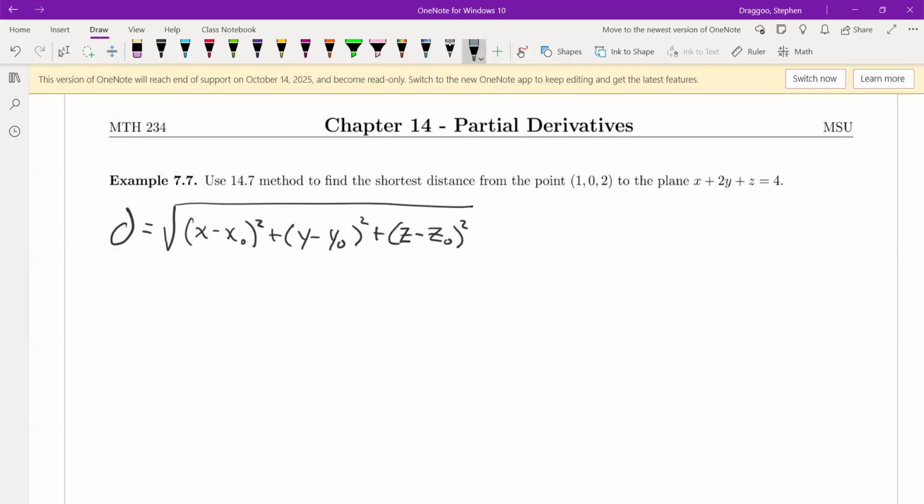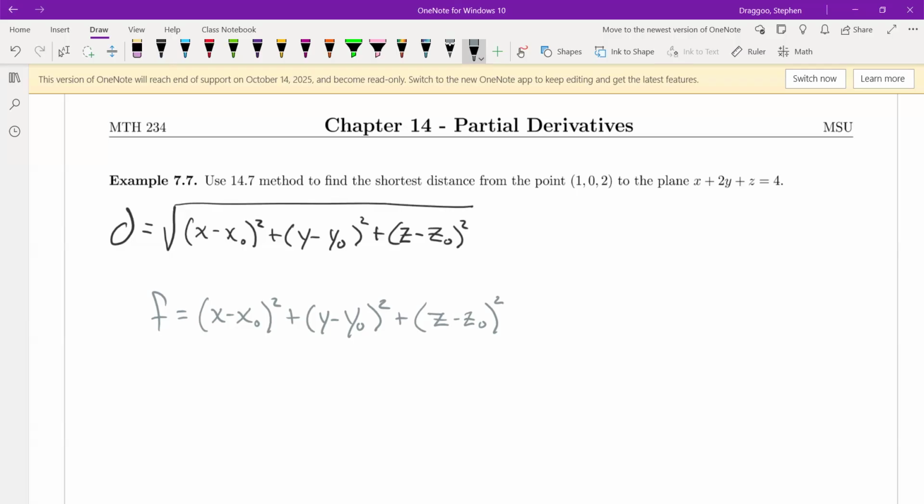So the first thing I'm going to say is that if I just look at the inside, which is just everything in the distance formula except for the square root part, this new function f and that distance are going to have the same minimum location.